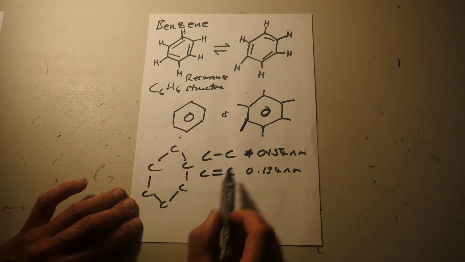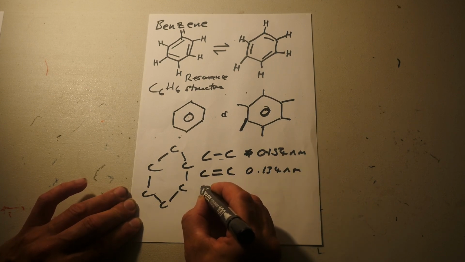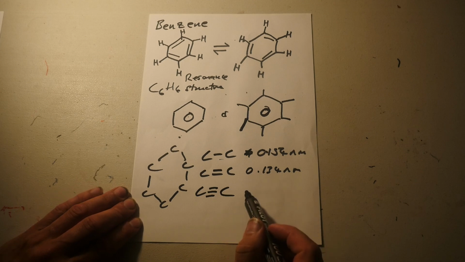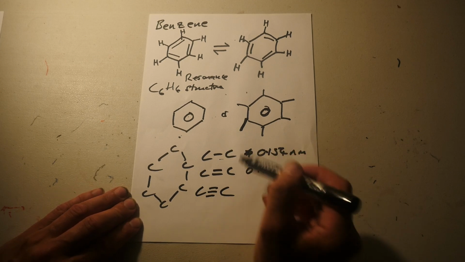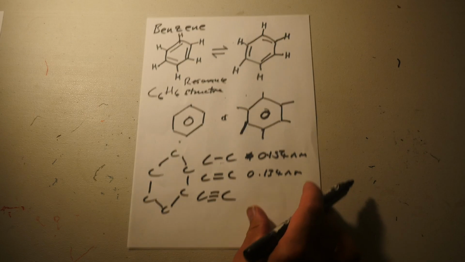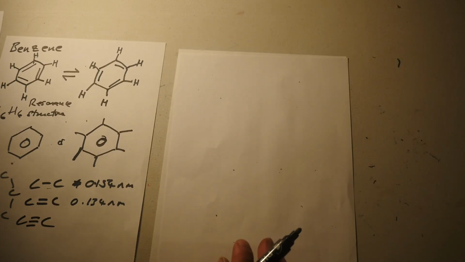So double bonds are shorter than single bonds, okay? And the carbon triple bond is even shorter, but I don't have the number to hand. So double bonds are always shorter than single bonds.